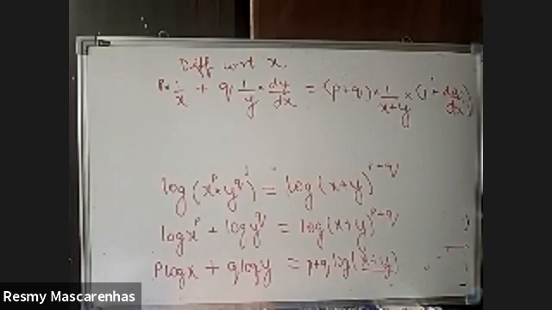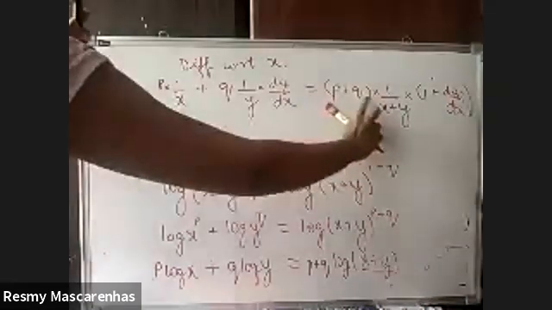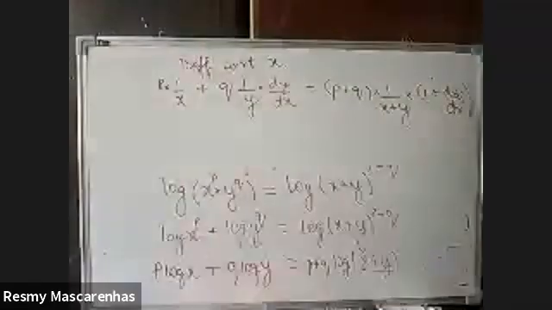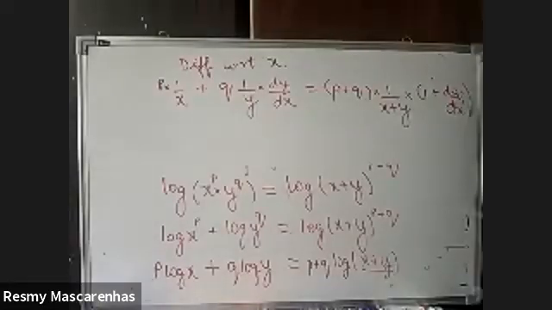Now in the next step, this p plus q upon x plus y, you multiply inside to both the terms and bring dy by dx on one side and the remaining terms you take on the other side. Till this step, if anyone has a doubt, you can ask.